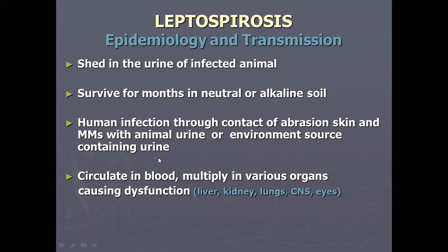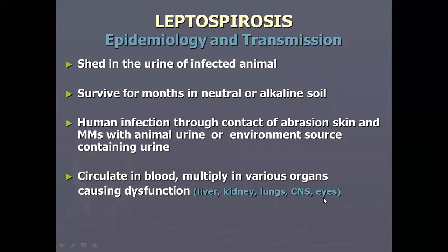After entrance, the organism will multiply, circulate in the blood, and then lodge into various organs and cause dysfunction. When it goes to the liver, it causes jaundice. It can lodge in the kidney and cause uremia. It can go to the lungs, where it causes hemorrhages. It can go into the CNS, which causes aseptic meningitis.